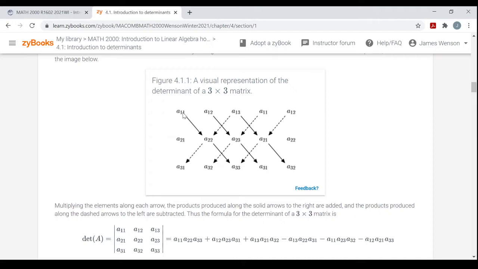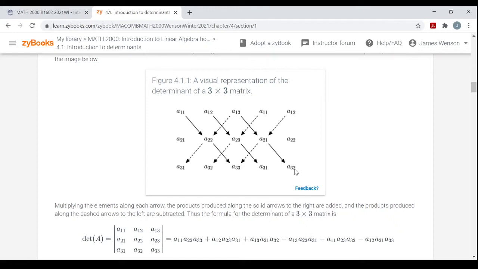Starting in the upper left corner, you multiply the entries down each of these diagonals: A11 to A33, then A12 to A31, A13 to A32. You take all those products and add them up.